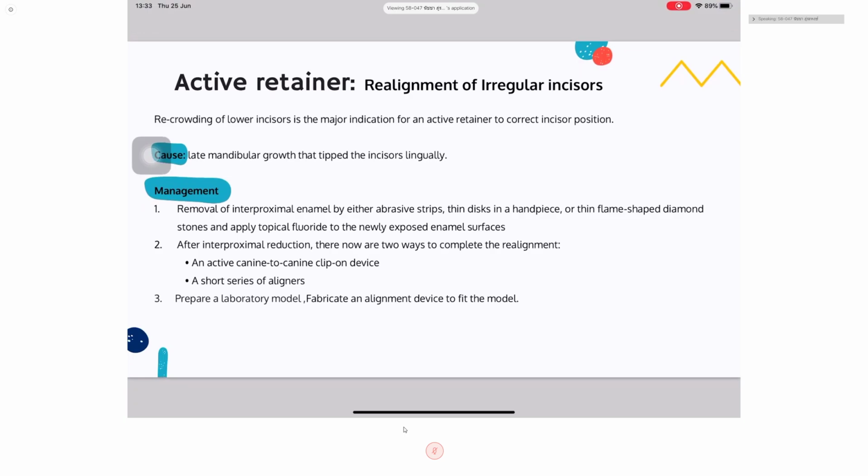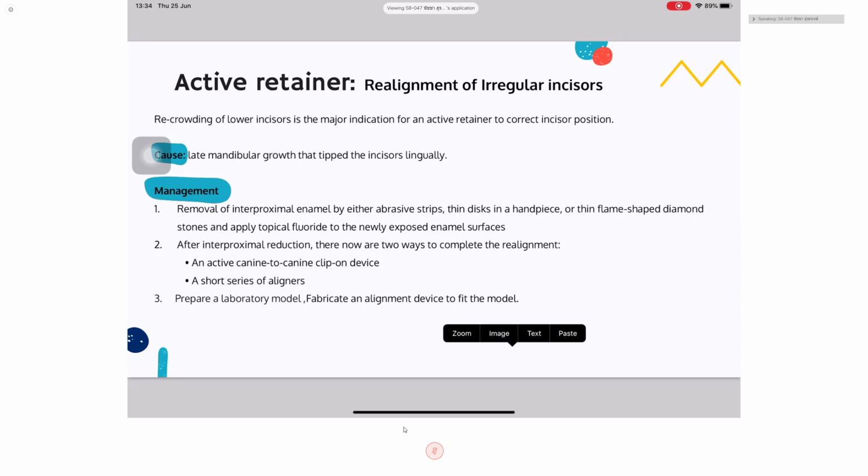If necessary, the width of each incisor can be reduced up to 0.5 mm per side.